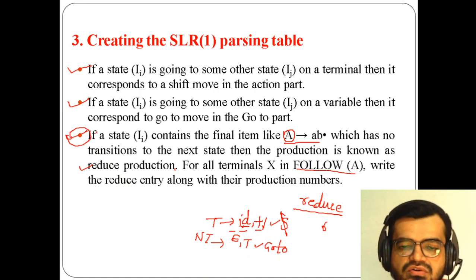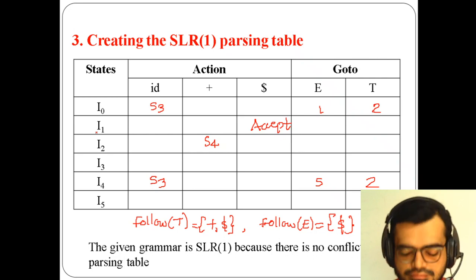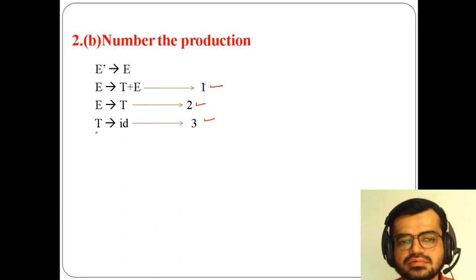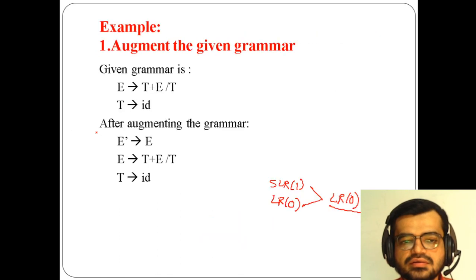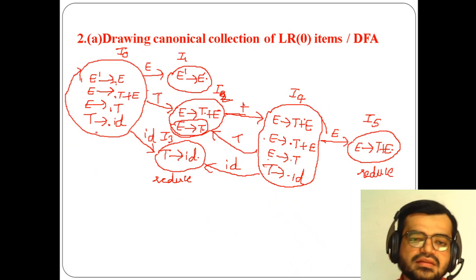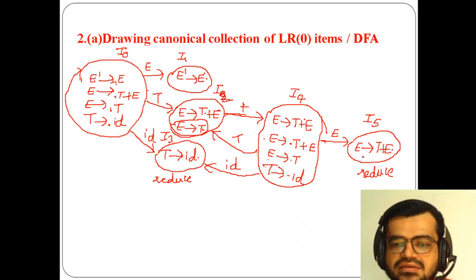So now what you have to do is, if you compare the diagram, this is my I5, E → E + T dot. This is my final state, E → E + T dot.